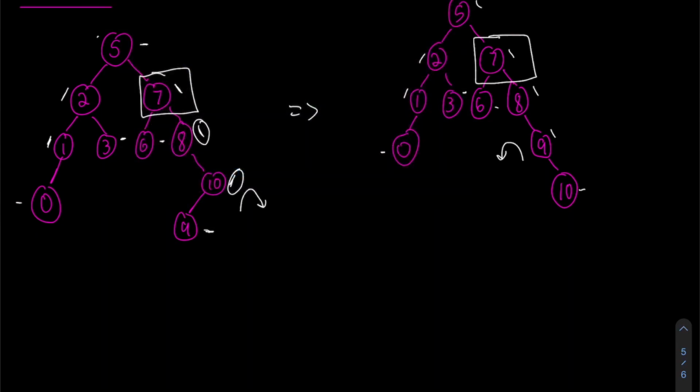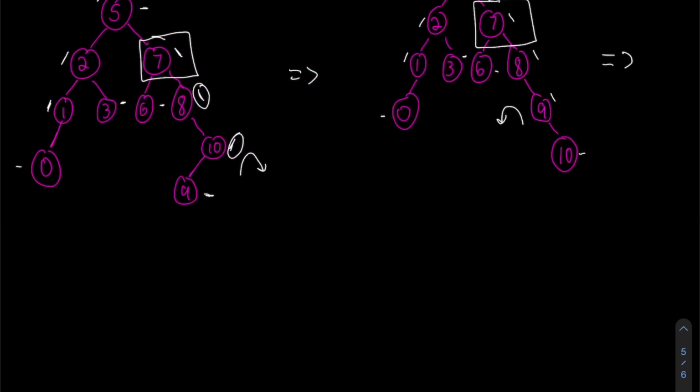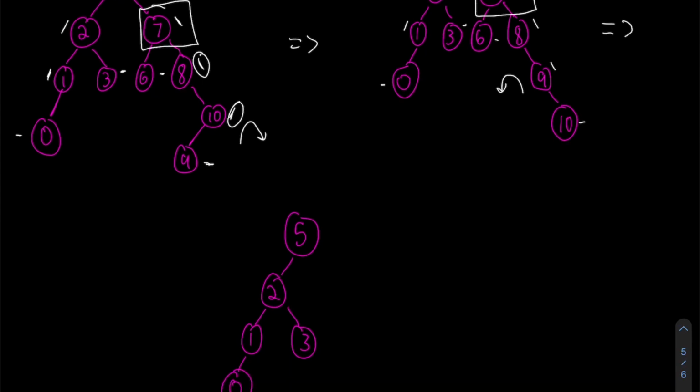And in the end, we end up getting 5, 2, 1, 3, 0. All right. And over to the right, we end up getting 7, 6, not 8 there. Since we rotated to the left, we get 9, 8, and 10.